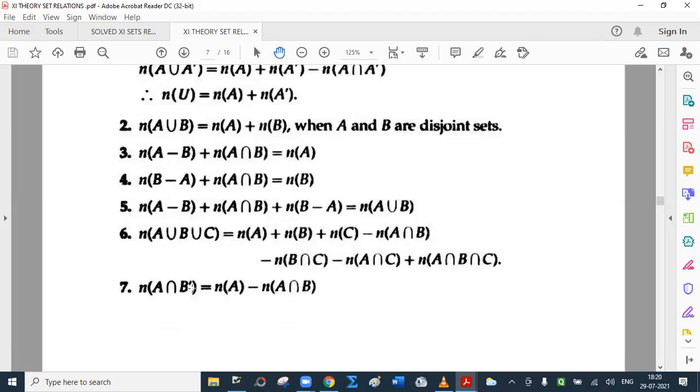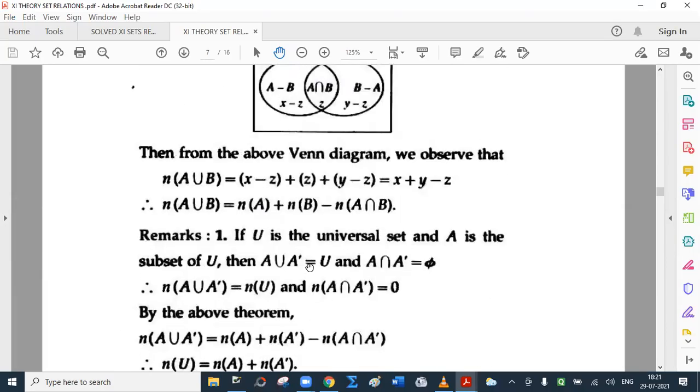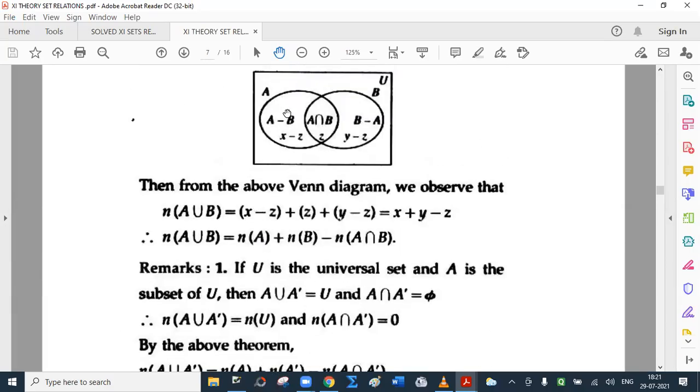Now this is also logical. n of A intersection B dash. See how to read this. A and B dash means A but not B. A but not B means what? From A you had to subtract this number. See this region, A minus B. How will you describe this?